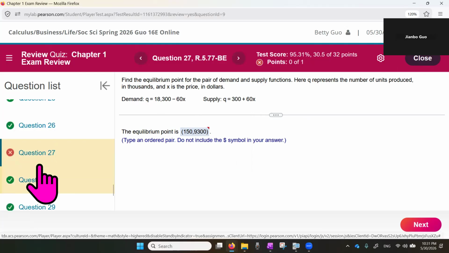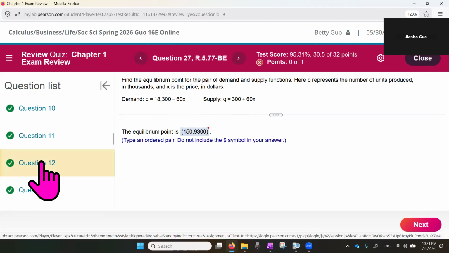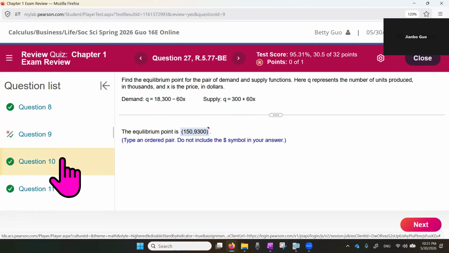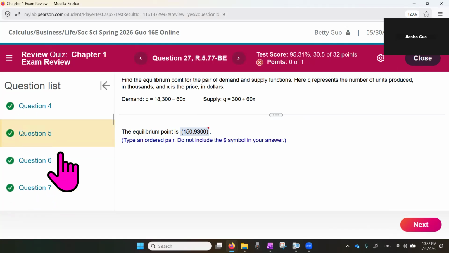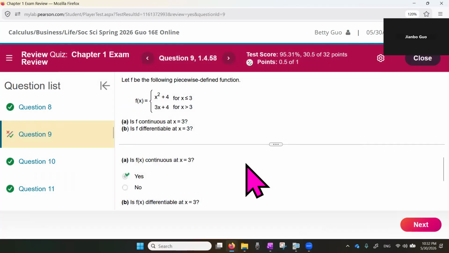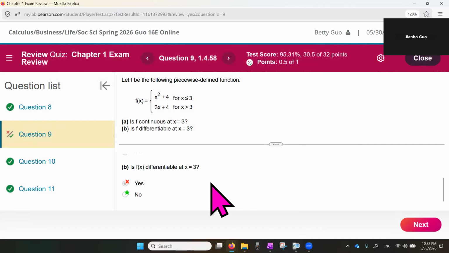And for that differentiable problem, let's see. Number 9. Oh, I said it's not differentiable. I think I just clicked the wrong one.